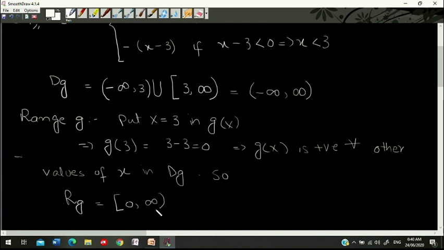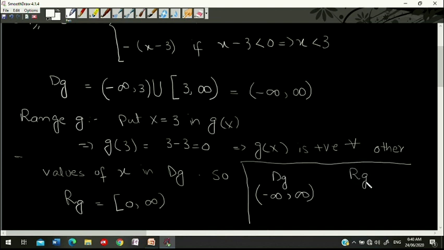Maybe this question arises in your mind: why have we taken just the positive part as the range? The domain is from minus infinity to plus infinity. This is the domain of the function, but we have taken just the positive side as the range, because as I have told you, we have a mod function.